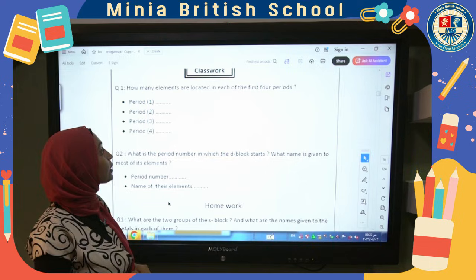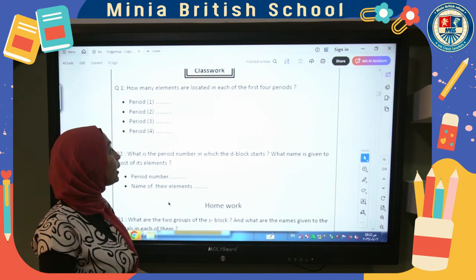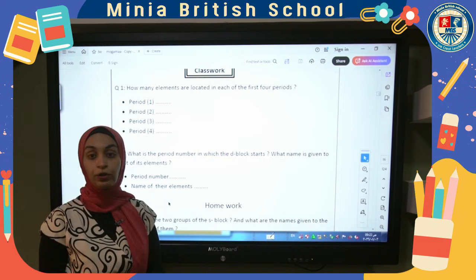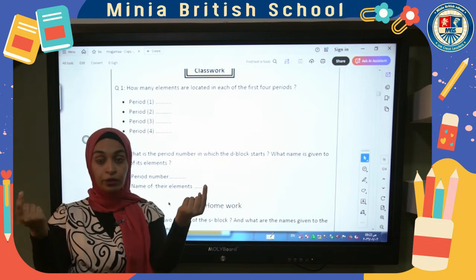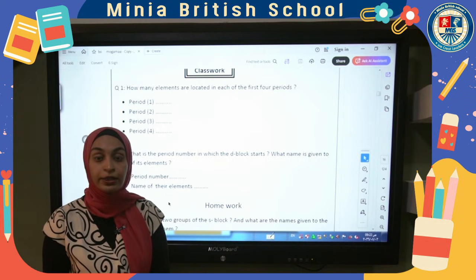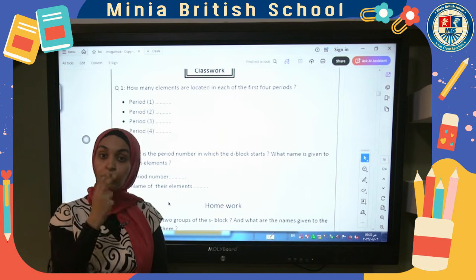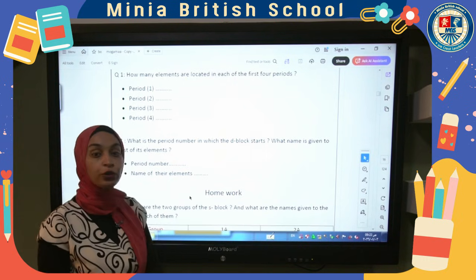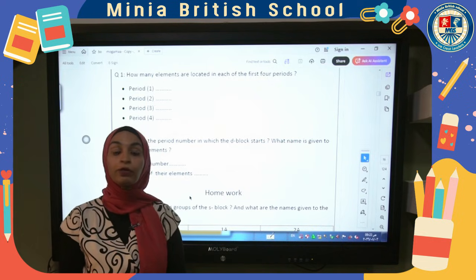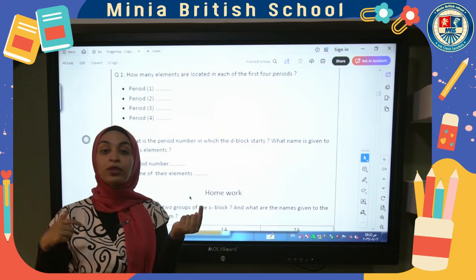How many elements are located in the first period? Period 1, we have helium and hydrogen. So how many elements are located in period 1? 2 elements. Now, what about period 2? Period 2 starts from lithium and ends with neon.